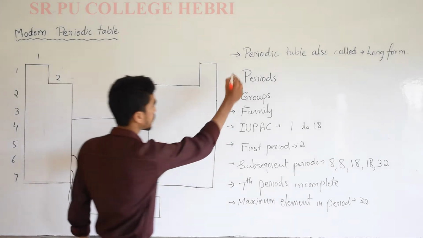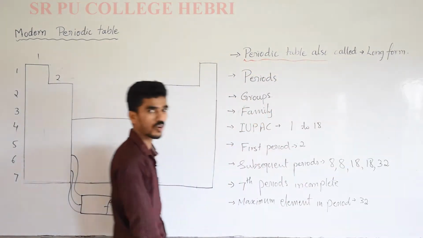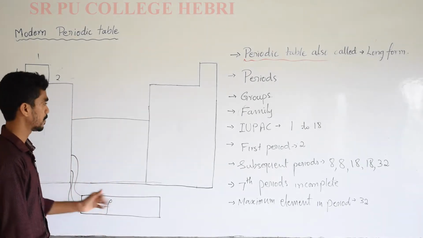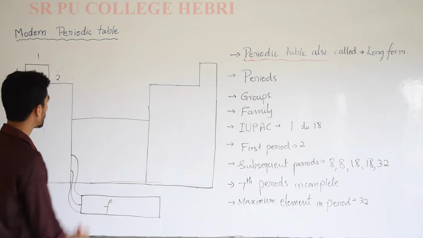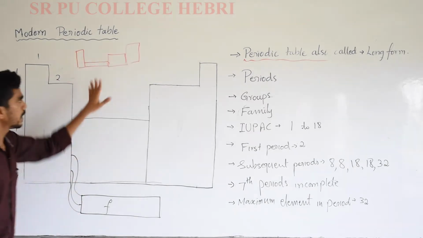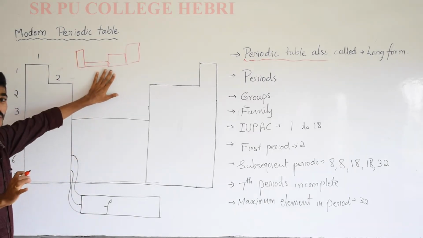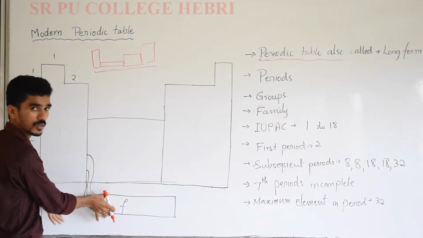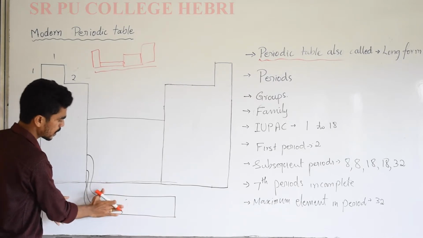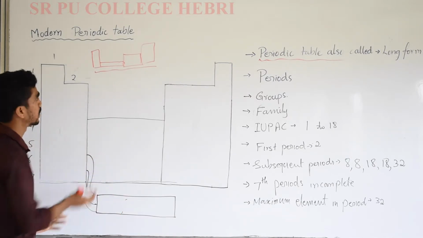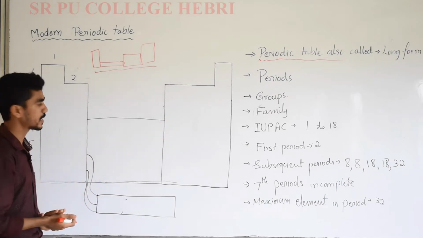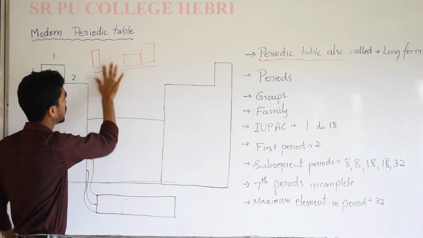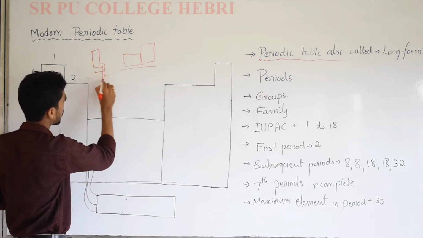This periodic table is also called the long form periodic table. I'll write it once again; this is the actual structure of the long form periodic table. Why? Because the F block written below is also a part of this periodic table, but it would make the table very long. To reduce the length, this portion is cut and placed just below the periodic table.